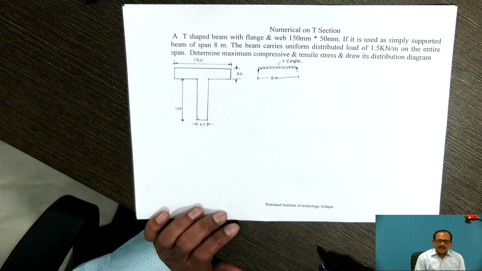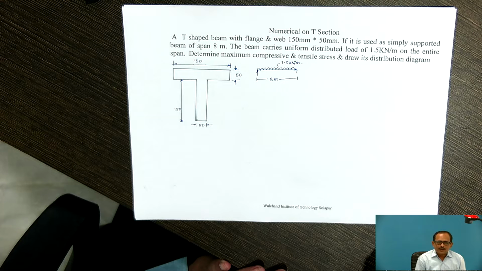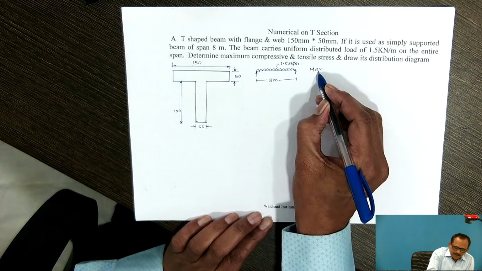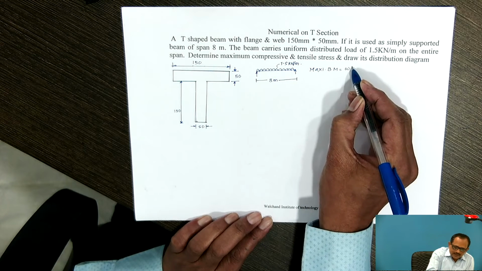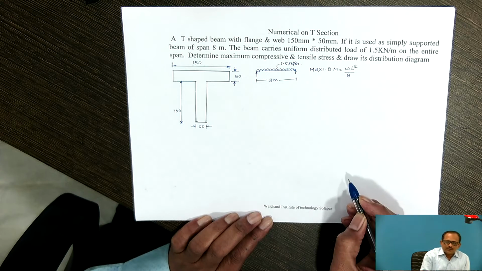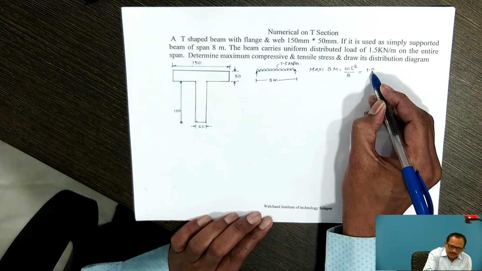Now, as we know, for a simply supported beam carrying uniform distributed load over its entire length, the maximum bending moment is given by WL square upon 8, where W is the load, which is 1.5 kilonewton per meter.